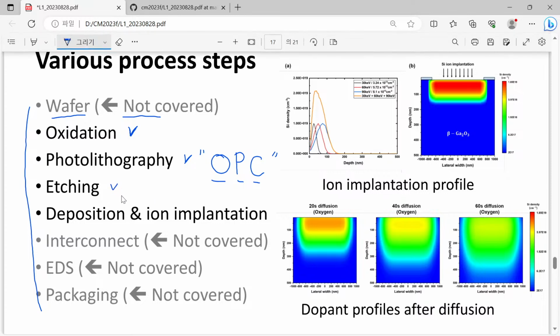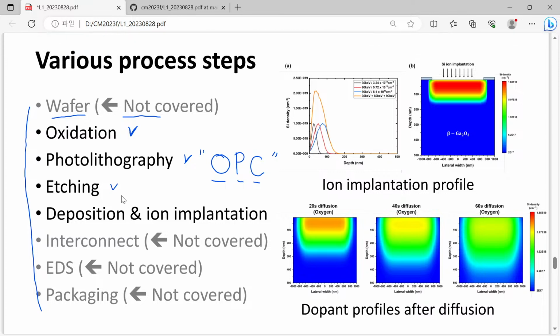Etching is a part of our course and also part of TCAD process simulation. Etching is nowadays really important. Think about your NAND. When you buy a USB drive, you have a NAND in it, or your SSD also has many NANDs.